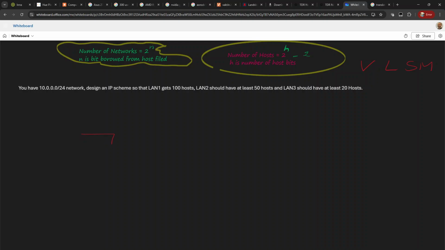Let's say we have a switch, and the switch is connected to a couple of PCs on this LAN. And then we have a router here, say this is R1, and R1 is connected to another switch right here. Let's say we have a couple of devices here, and then we have another LAN right here.